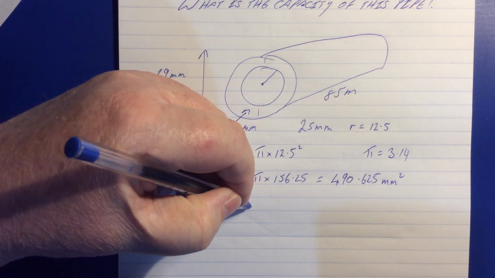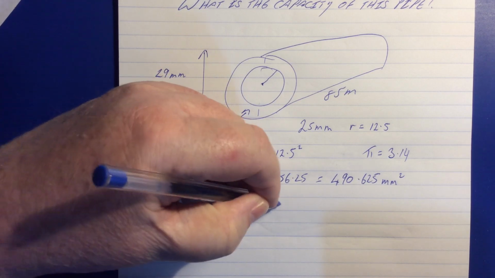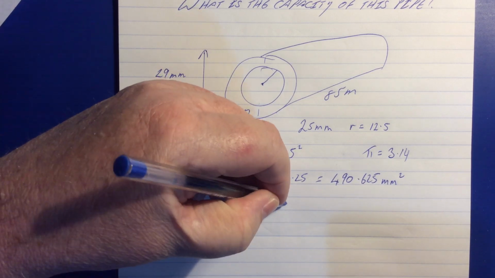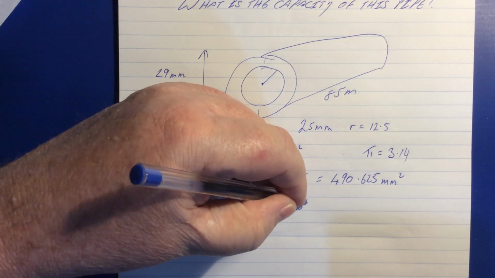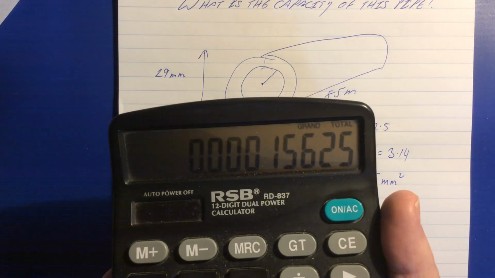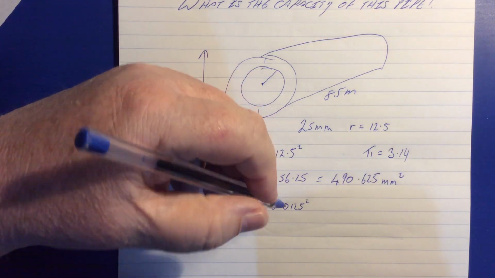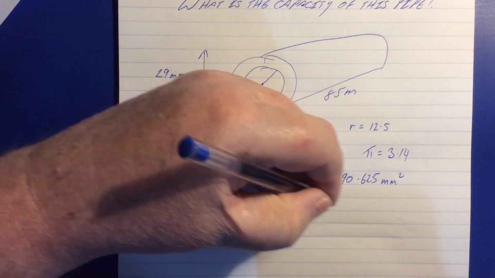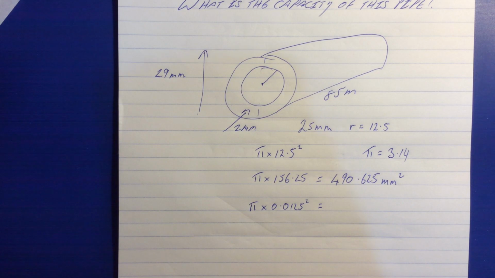So let's go back at this calculation, and what we've got is times 0.0125 squared. So let's do that. And that gives us a very small number, which we are going to multiply by 3.14 to get the area.